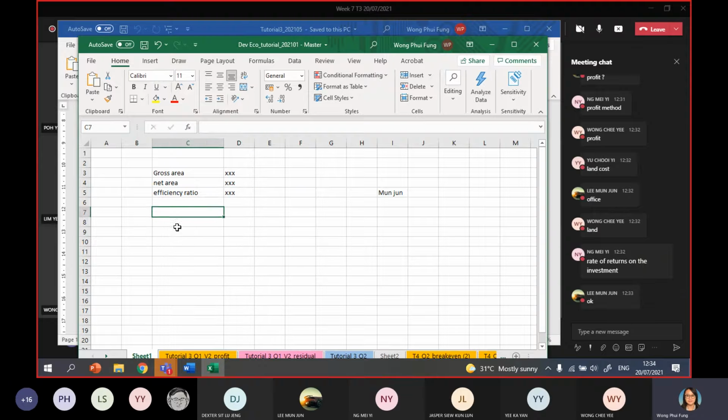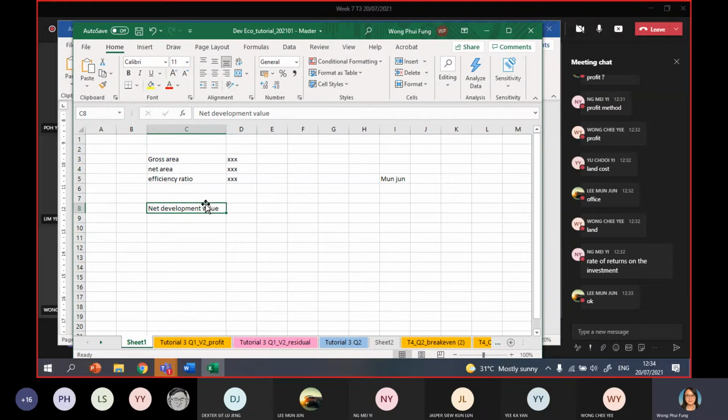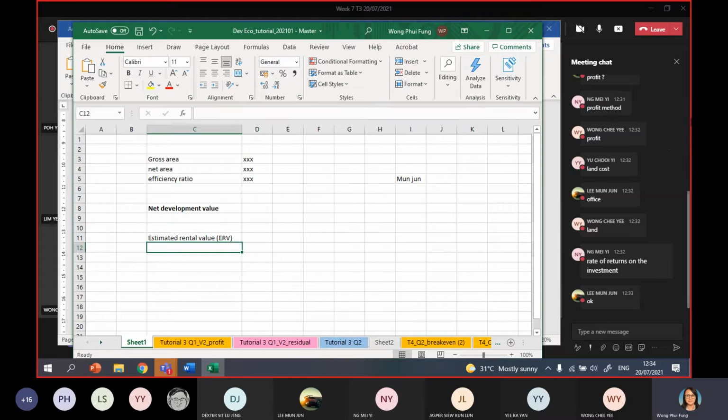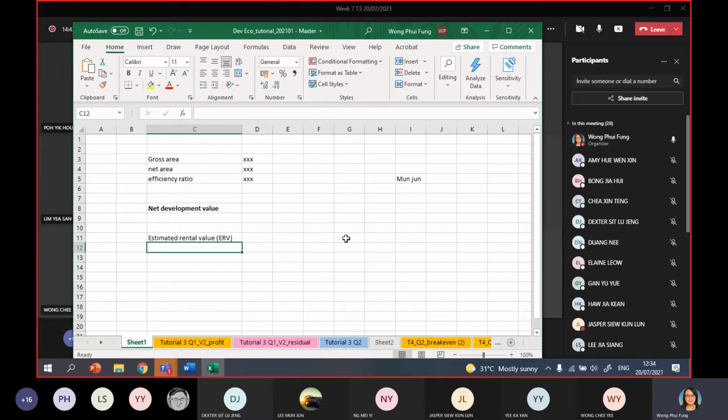Then for the next one, I need somebody to start calculating. Everybody, please take out a piece of paper, so let's do it together. I need somebody to calculate the ERV, the estimated rental value. So I would like to call Duang Ni.